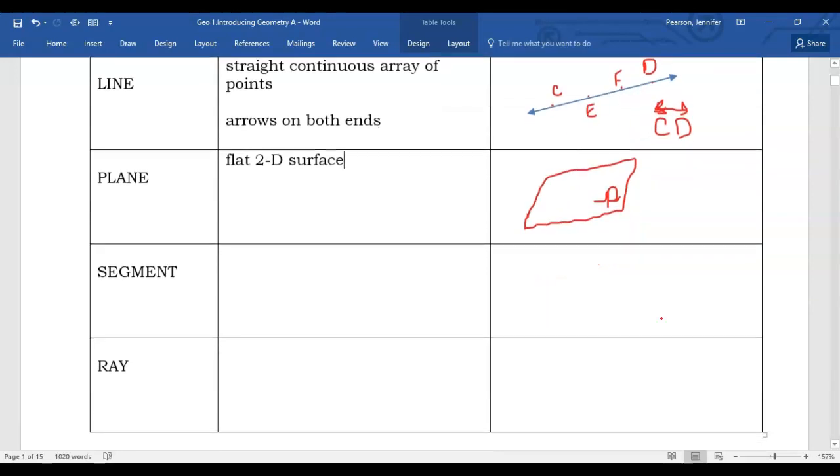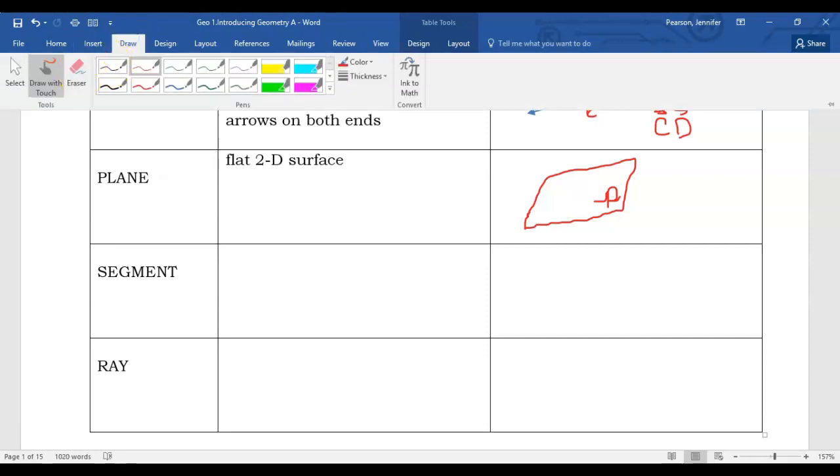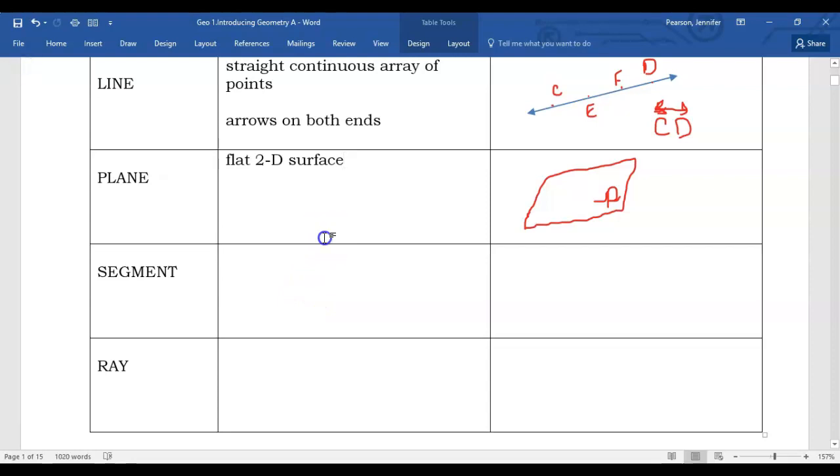Next is segment. Now segment and actually the next word, ray, are both parts of lines. A segment is a part of a line with 2 endpoints. So if I were just going to look at the piece of this line between C and F, that would be a segment.